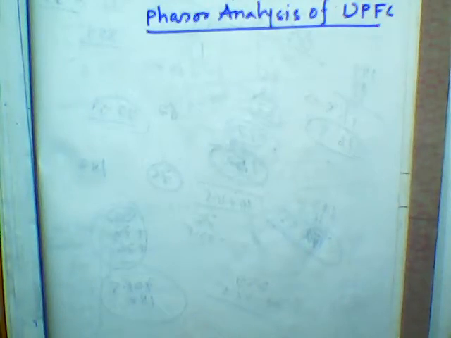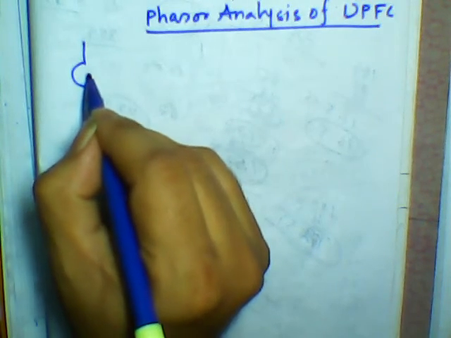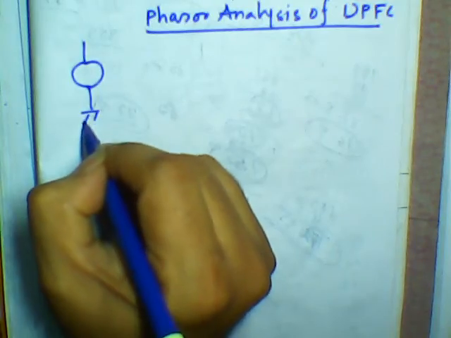The simplified block diagram of UPFC is like this.